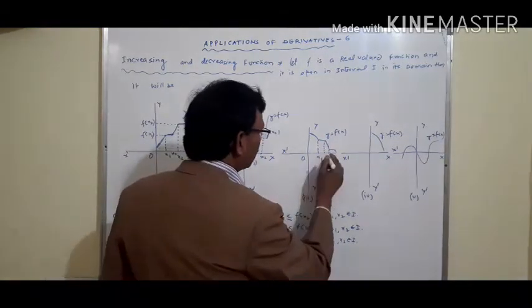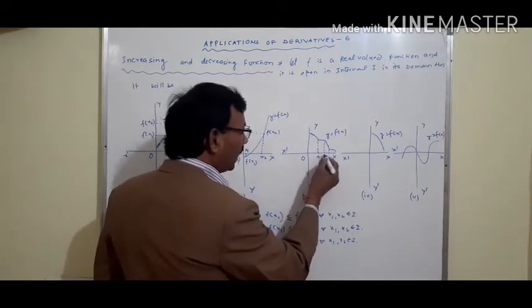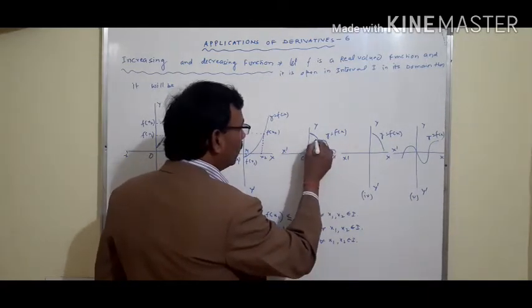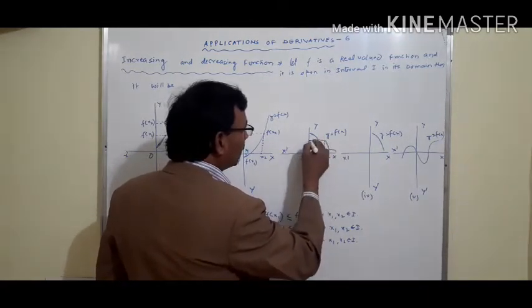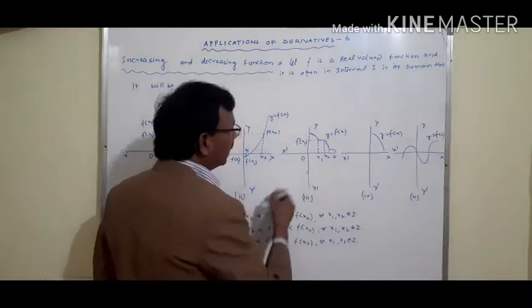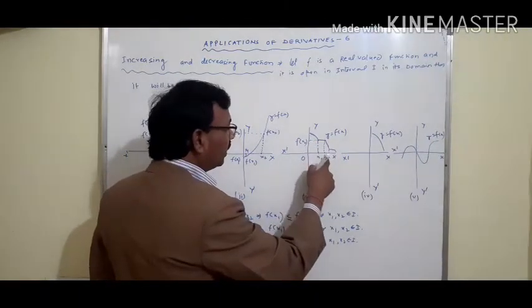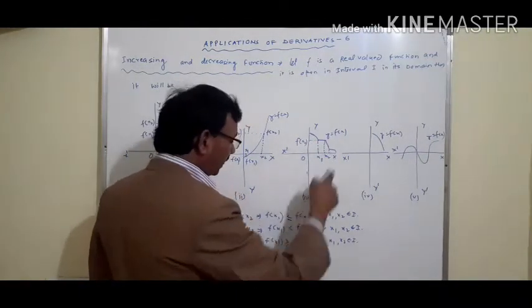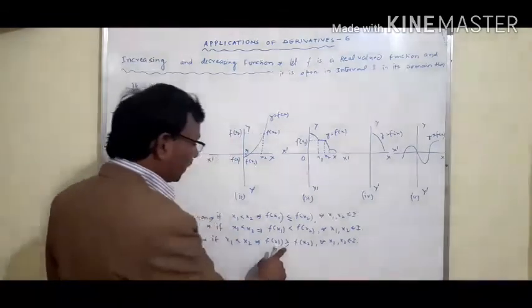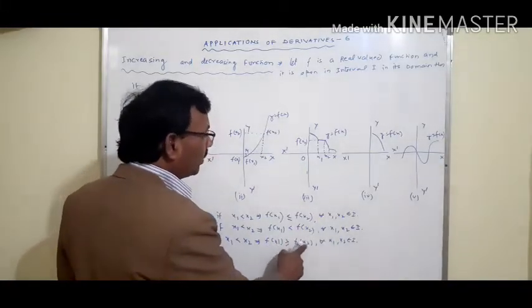If we take x2 at this point, then the value of the function at x1 and at x2 is f of x2, which means both are the same. Both are the same, so this condition is verified: f of x1 is greater than or equal to f of x2.